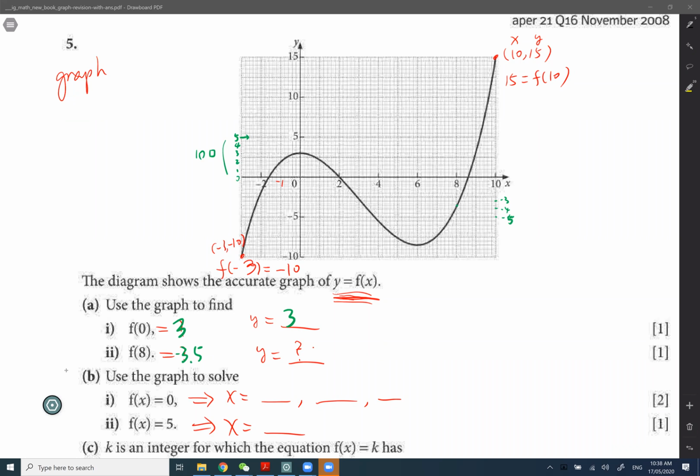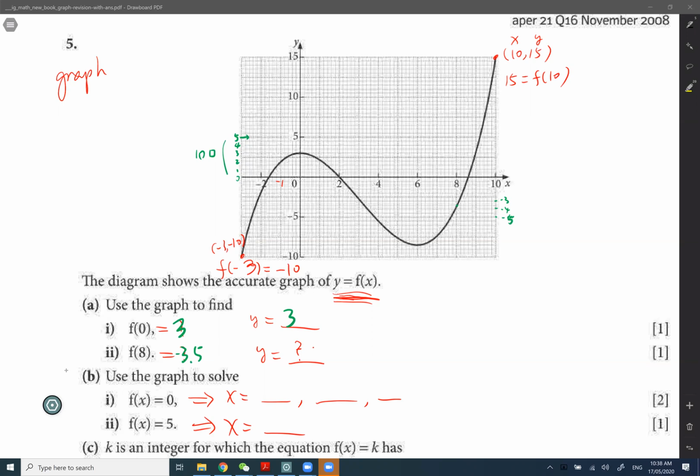Message me on f(x) equals 0. This question is like y value equals 0, asking you for the x values.